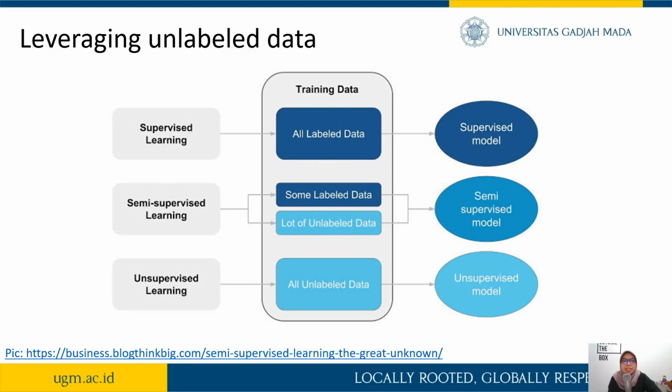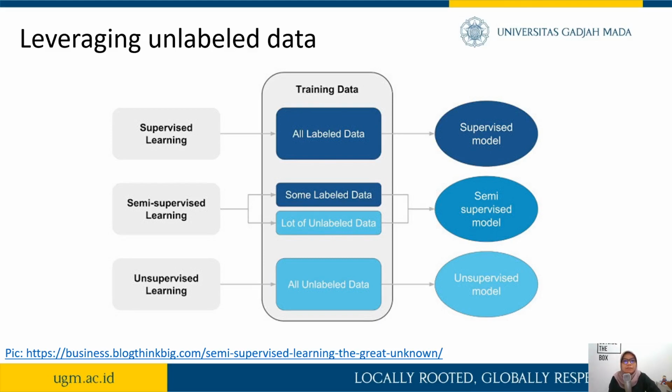Supervised learning uses all labeled data in the training time and produces a supervised model, while semi-supervised learning uses some labeled data and a lot of unlabeled data, while unsupervised learning doesn't need labeled data at all.